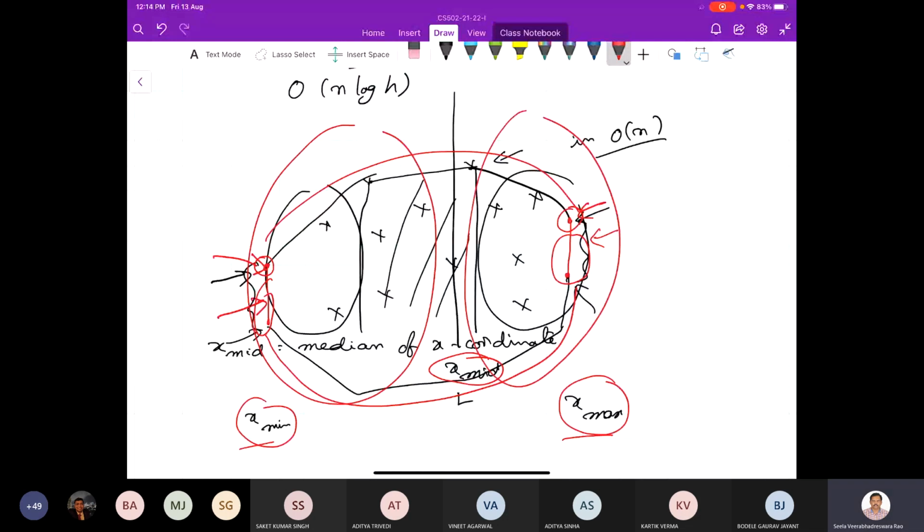Once you have the convex hull of both of them, you find the tangents, upper tangent and lower tangent, like a divide and conquer strategy, and get the solution to the original problem, the convex hull of all the points.